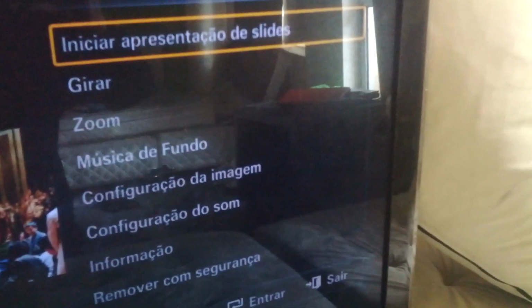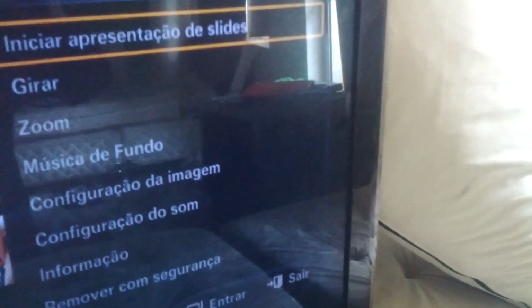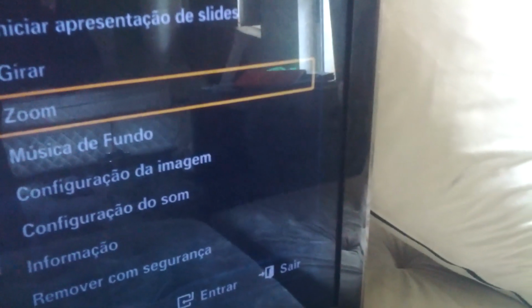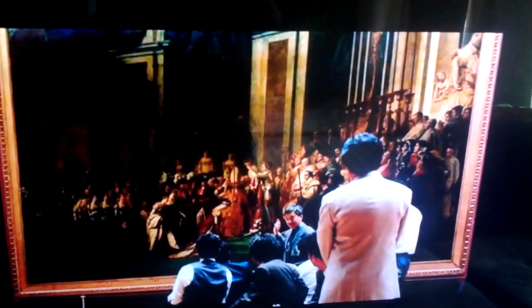Next picture. Okay, let me zoom. That is amazing, that picture, because it shows a father with kids. Let me better understand what's happening with the hair blurred by blue.